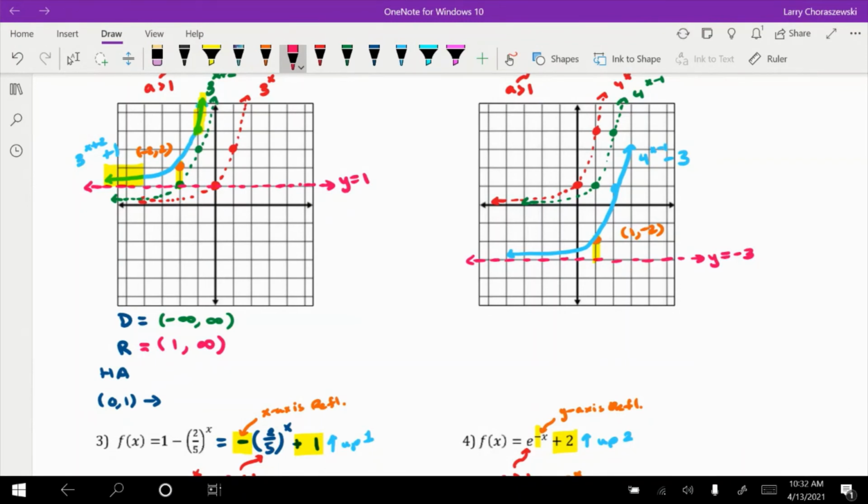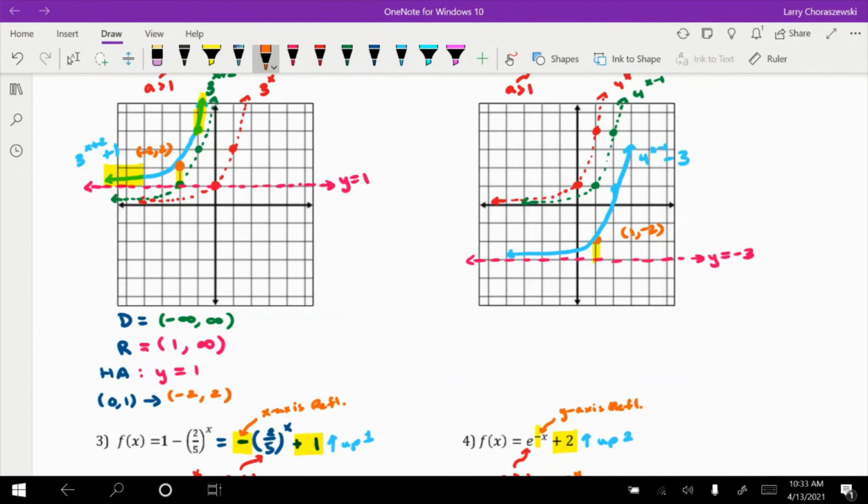Now the equation for the horizontal asymptote, we already jotted down on our graph. That's kind of a freebie, y equals 1. And then we noted that the y-intercept ended up at negative 2, 2. Okay, so that's what I'm going to start calling the Fantastic Four.